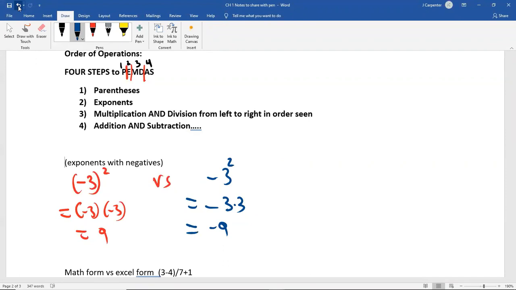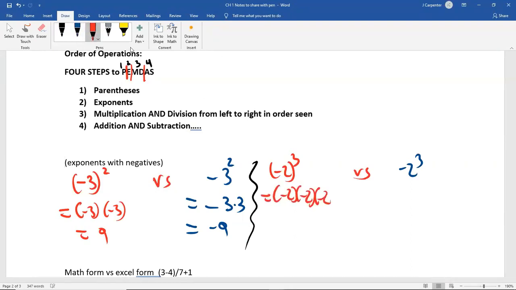Now, what's interesting is whether these exponents are even or odd actually makes a drastic difference in whether they have different answers or not. So let's do -2 cubed versus -2 cubed, one with, one without. Now we'll do this quickly. The first one, the negative repeats. -2 times -2 is +4, excuse me, times the -2 at the end, and then 4 times -2 is -8.